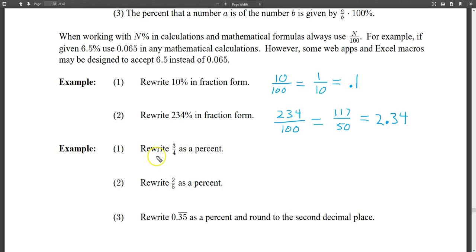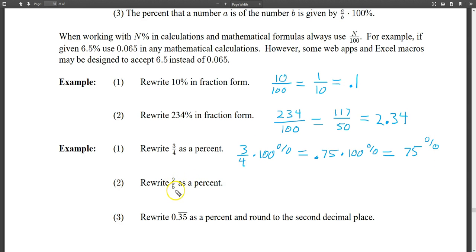Let's take a look at this. Rewrite 3/4 as a percent. Well, you would simply multiply that by 100, so it would be 3/4 times 100%. 3/4 is 0.75. And then you just move the decimal 2 positions to the right because you're multiplying by 100, and that would be 75%.